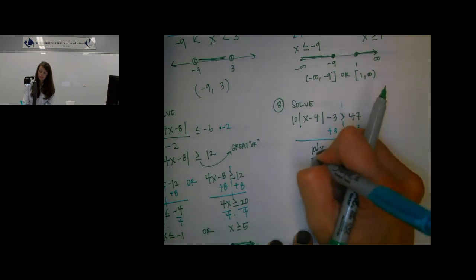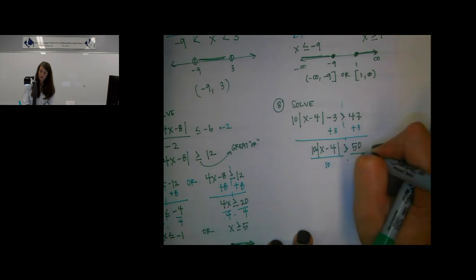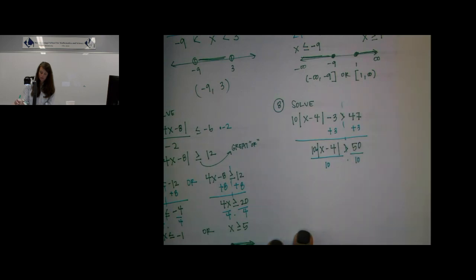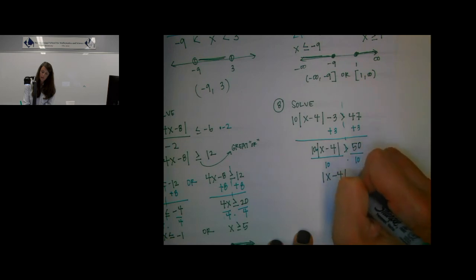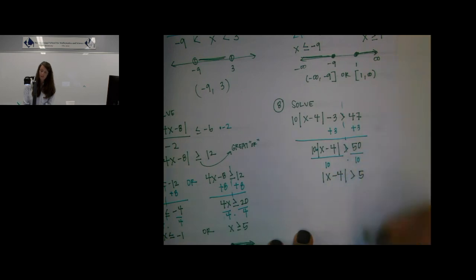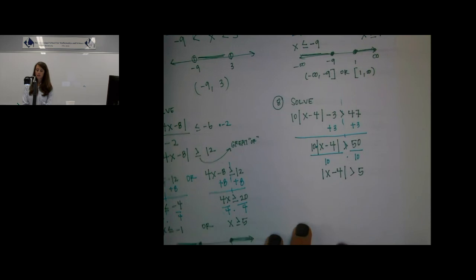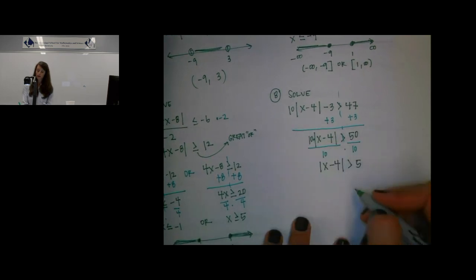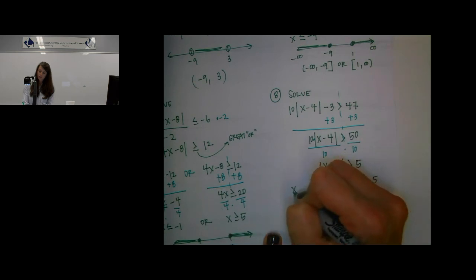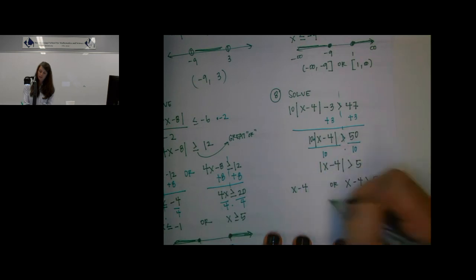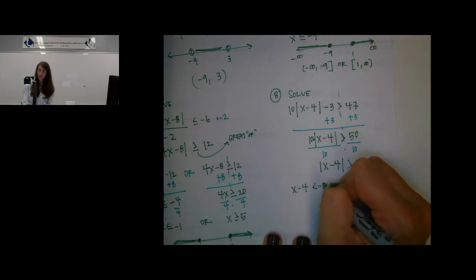That 10 is on the outside, so we're going to divide both sides by 10. So absolute value of x minus 4 is greater than 5. So greater means it's going to be another or, right? So x minus 4 is greater than 5, or x minus 4 is less than, now change it to a negative, -5.